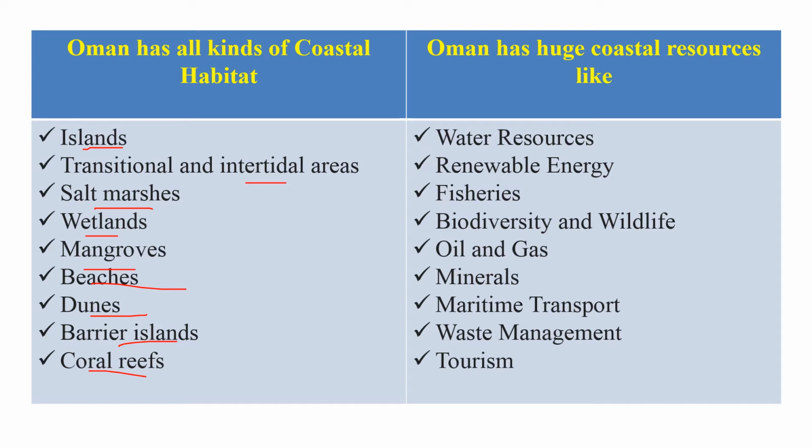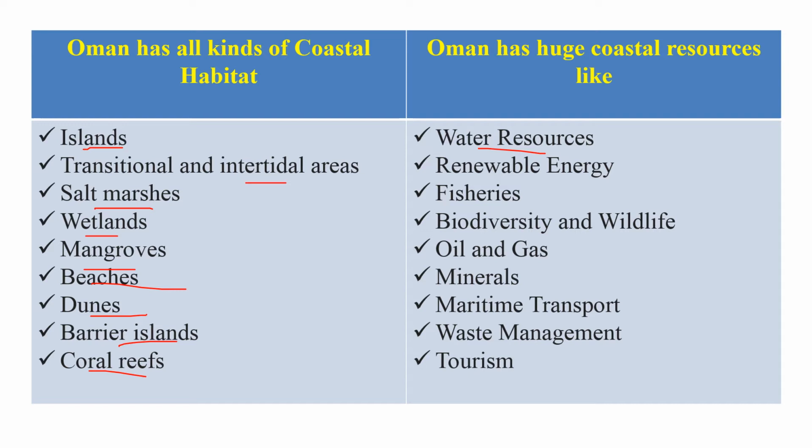This coastal or marine ecosystem also gives huge resources, different types of resources coming from these coastal areas. These are the water resources. The water requirement of this country basically comes from the ocean water.